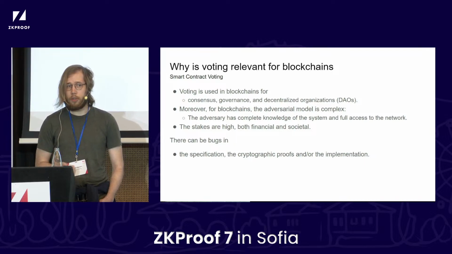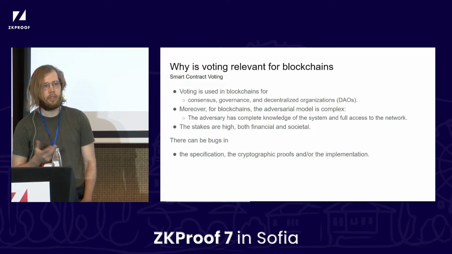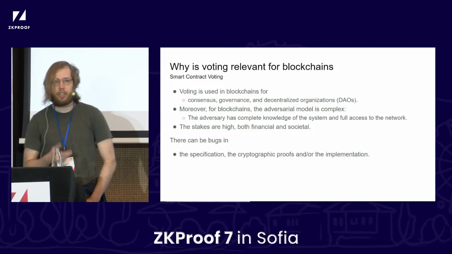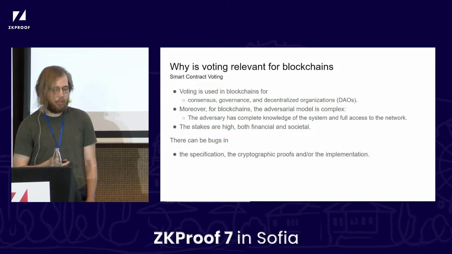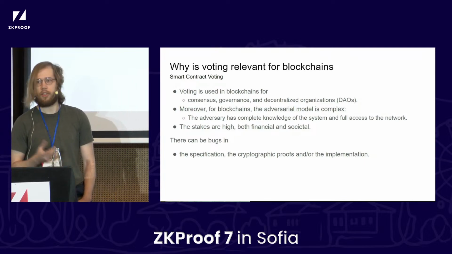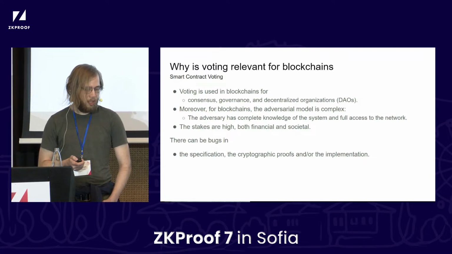Furthermore, just in general for voting, the stakes are very high, both societal but also in a financial sense. When working with blockchains, there's a lot of transactions going on, so investing a bit in getting the correctness of your implementations is very relevant and can save a lot of money in that way.